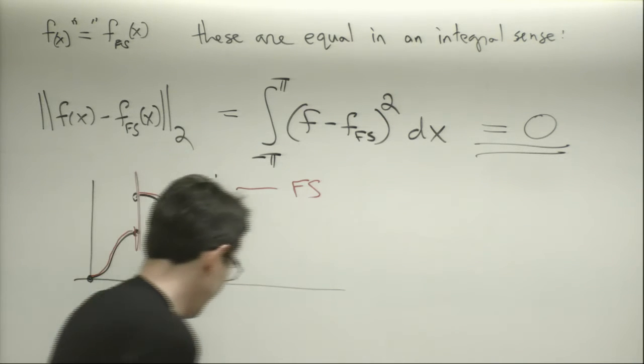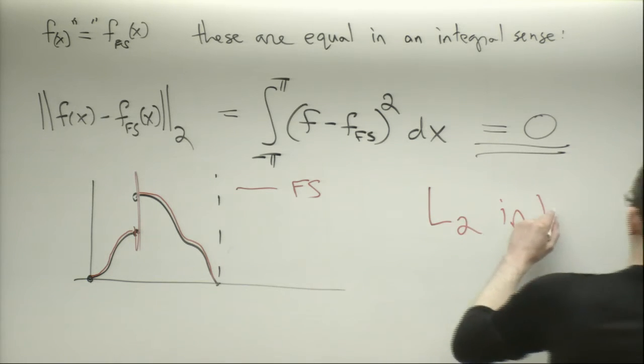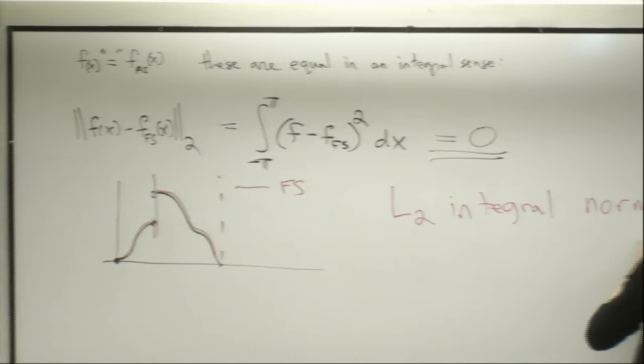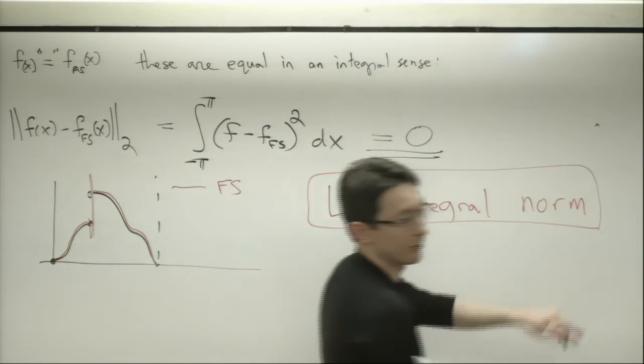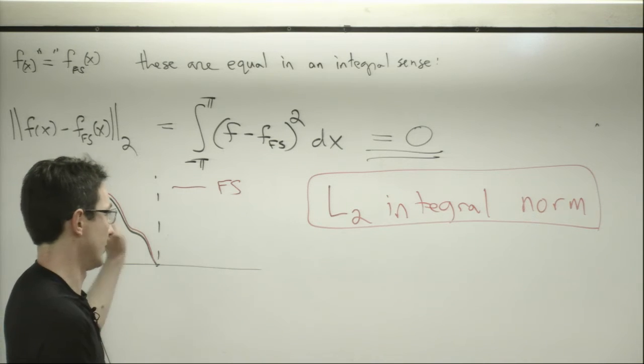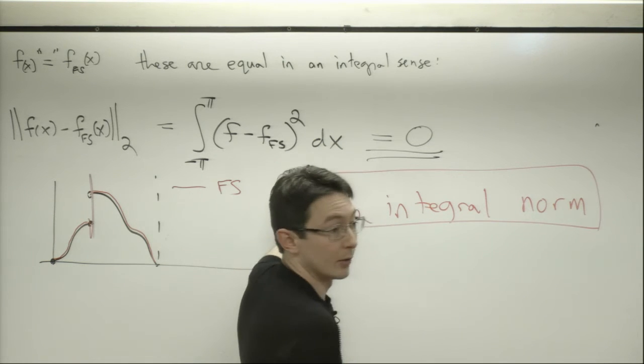This is called the L2 integral norm. This is by far the most used integral norm in all of physics. This is what you use in quantum mechanics and general relativity and all kinds of physics, and this is the most common one.